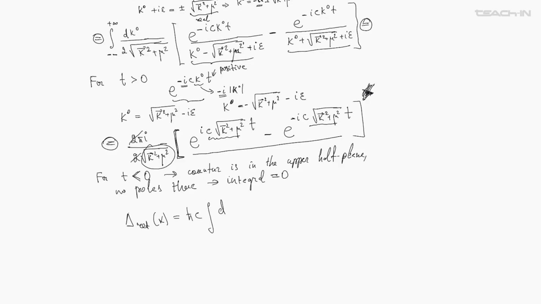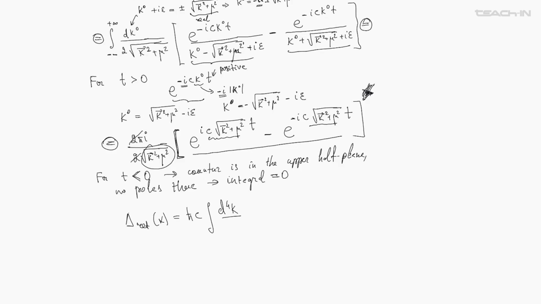Here I perform integration not only over spatial directions of k, but also over this k0 variable. So this is combined in the 4-dimensional integration measure, 2 pi to the 4.